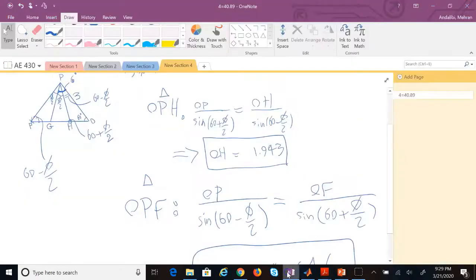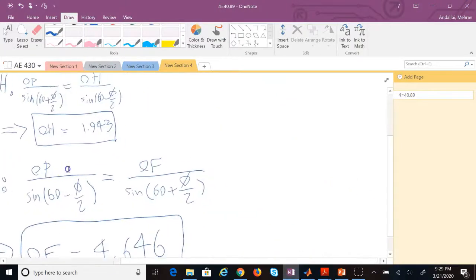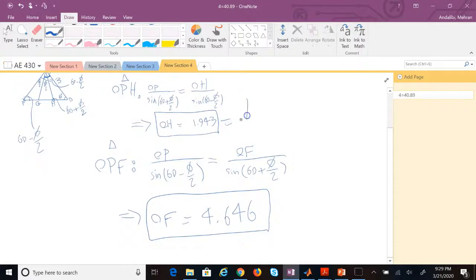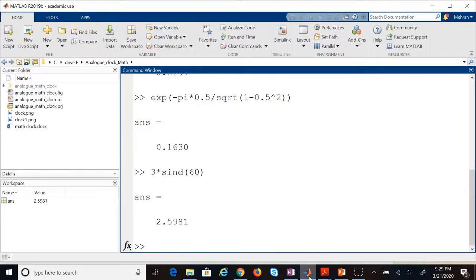So if I go back, this number here is 1 over T. From here I can find T. And the number for T is going to be, of course, the reciprocal of that. So 1 divided by 1.943, which is 0.515.